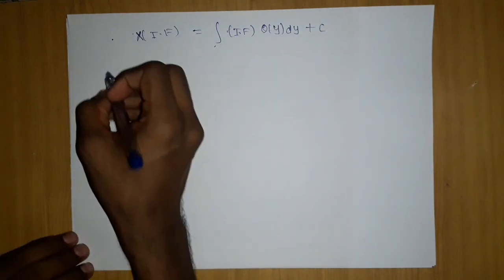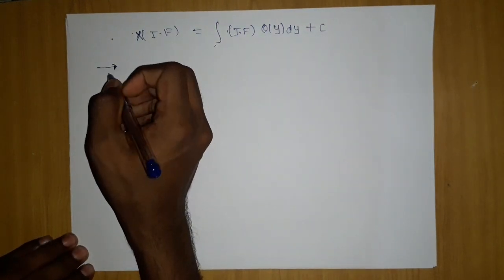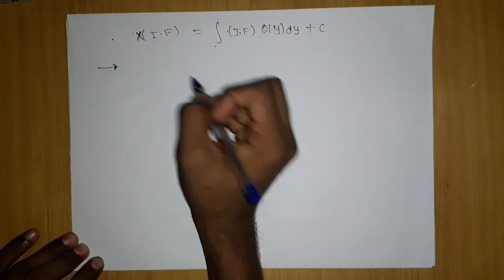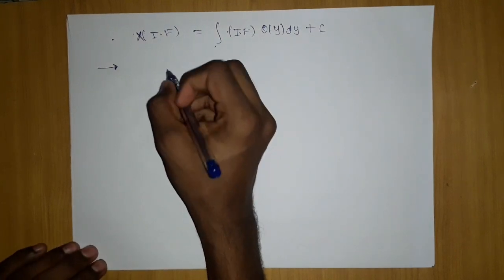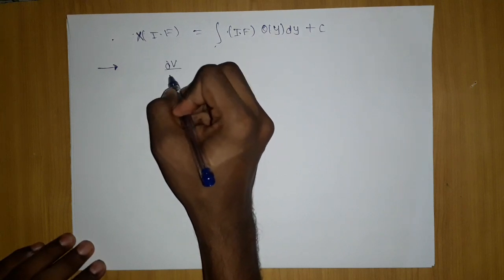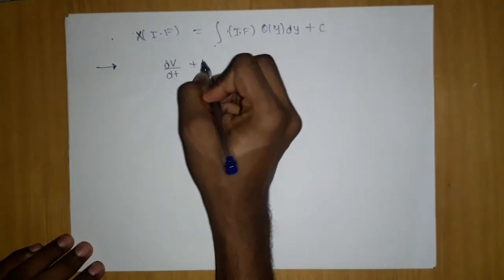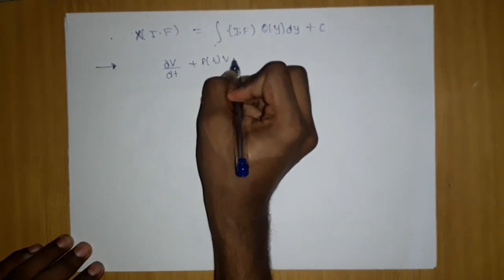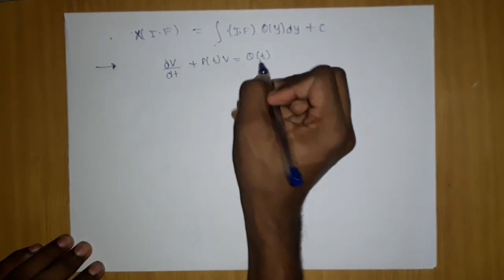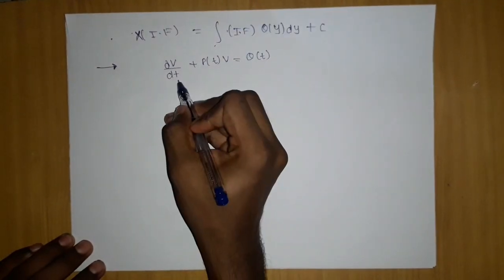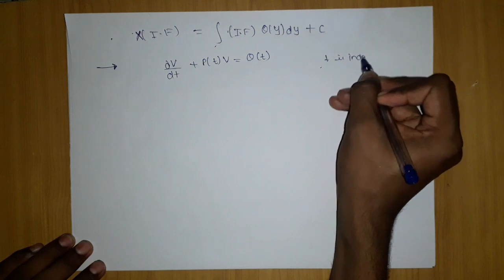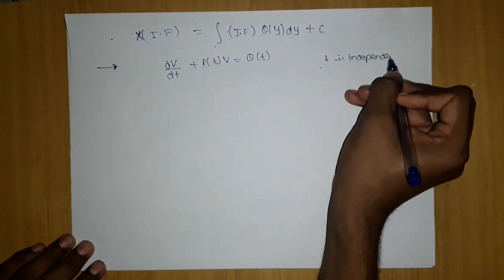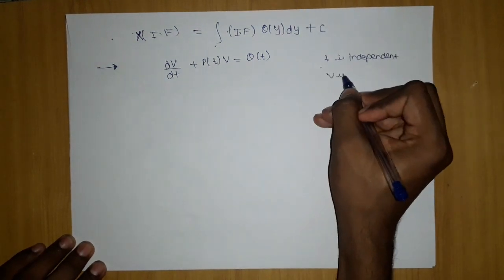Now let's see whether you can identify what the integrating factor and the solution formula should be. If I give you dv by dt plus p of t into v equals q of t, we have to identify which is the dependent and independent variable. The thing in the denominator is always independent, so t is independent while v is dependent.